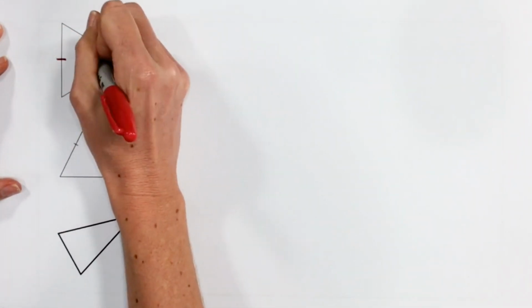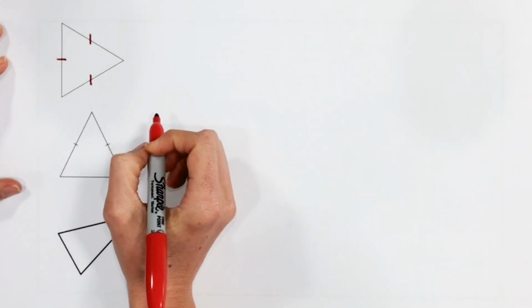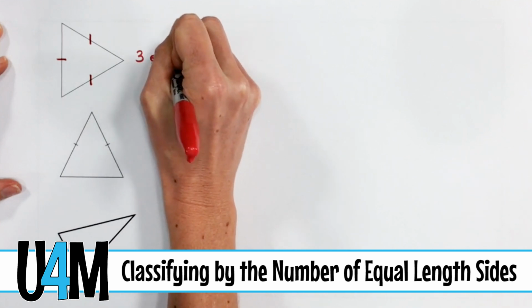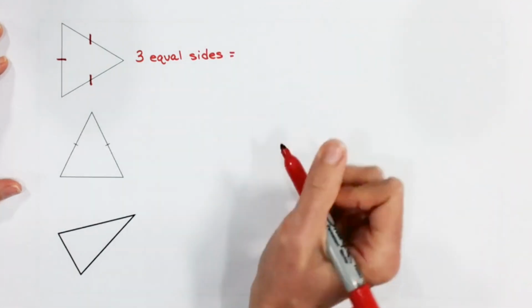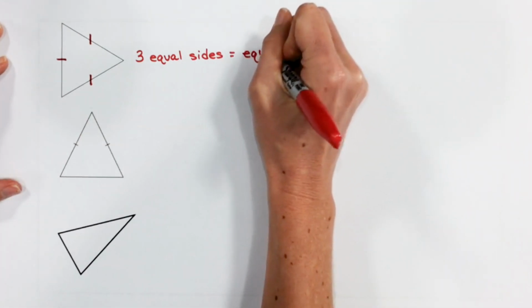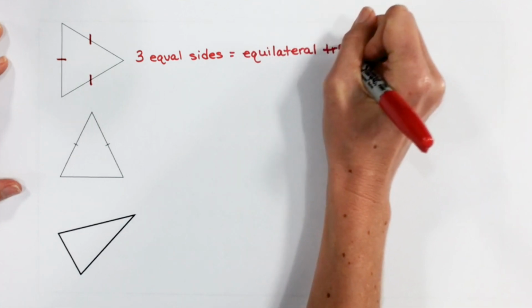Here we have a triangle that has 1, 2, 3 sides of equal length. So 3 equal sides. We can go ahead and classify this triangle as an equilateral triangle.